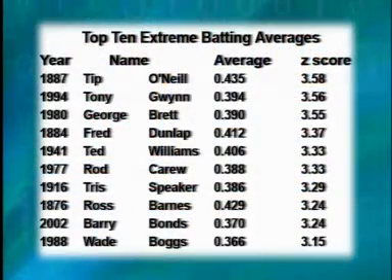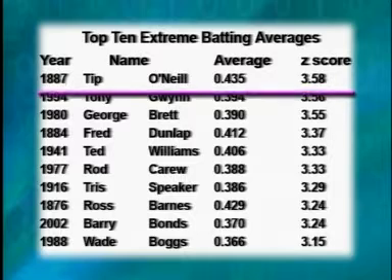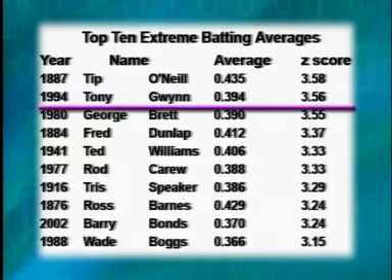So what's interesting about this way of comparing the batting prowess of people over time is that look what you have. The number one player is Tip O'Neill from 1887, whereas the number two player is Tony Gwynn of 1994, who had a batting average of .394, which is an amazingly high batting average for a modern era player, and a Z-score of 3.56.